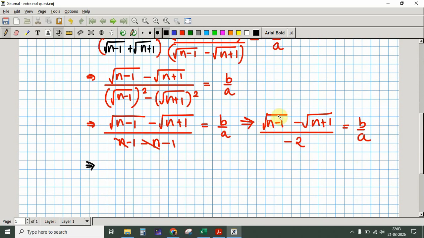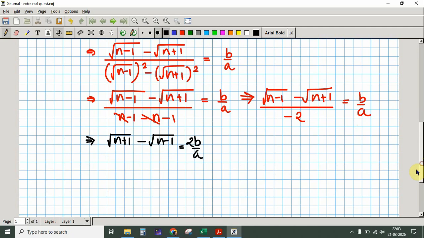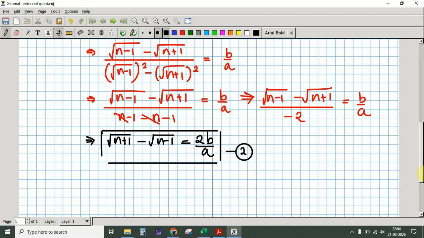Here we have n minus 1 first, and I want to consume this negative. So it will be square root of n plus 1 first and minus square root of n minus 1, divided by plus 2, equals b upon a, and this 2 is shifting beside a, so it's getting multiplied to b upon a. Now this is one more equation, equation number 2.